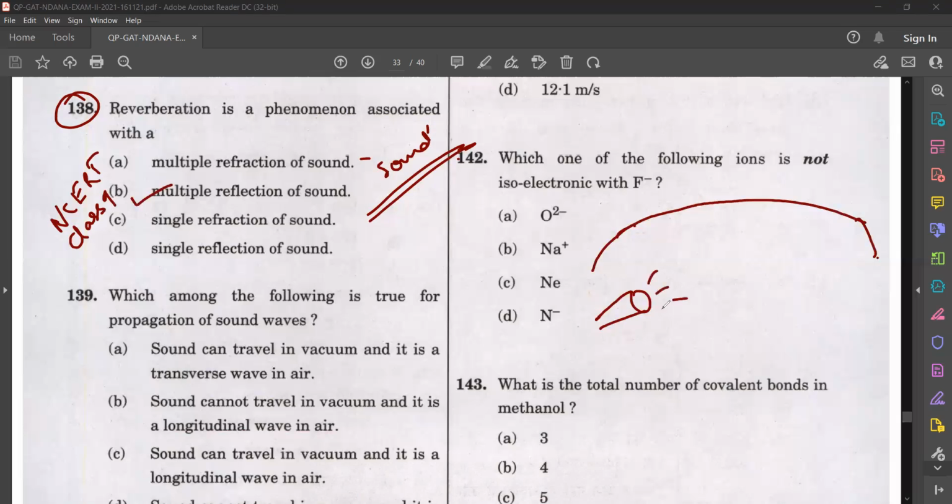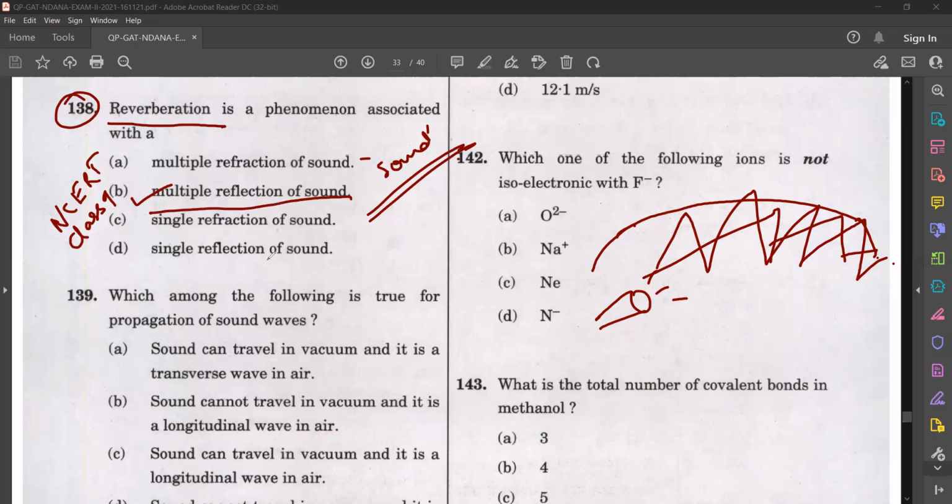If the sound is reflected multiple times, the sound will become blurred, or we can say inaudible. It will not be clear properly. So that phenomenon is known as reverberation, multiple reflection of sound.